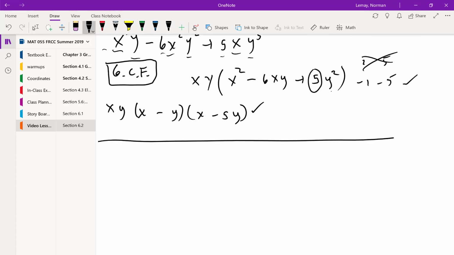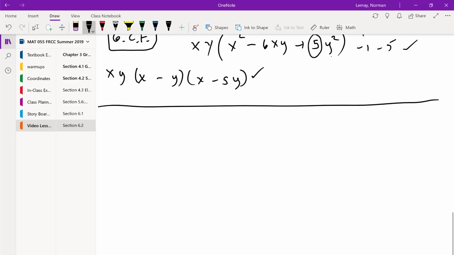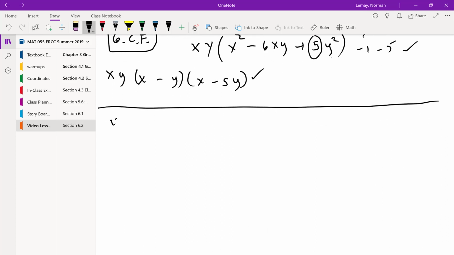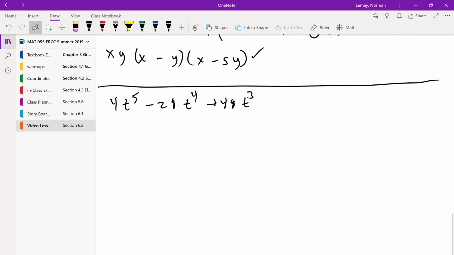So one more example. This will be our final example. Kind of doing the same thing. So 4t to the 5th minus 28t to the 4th plus 48t cubed. So nice thing here, we got one variable. And let's just take a look. I got some numbers. It looks like I can pull a 4 out of each, it is common in each.